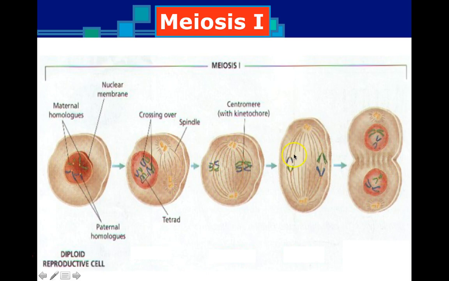And now you have reduced in half the number of chromosomes from one cell to the other, this one now having 23, this one now having 23, when the original parent cell had 46.